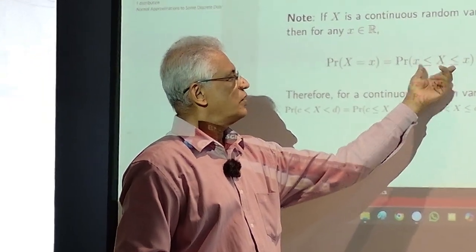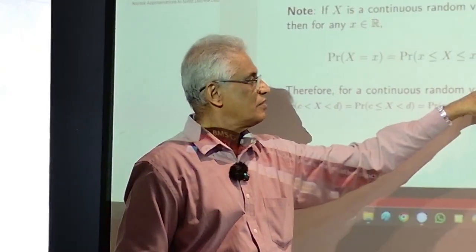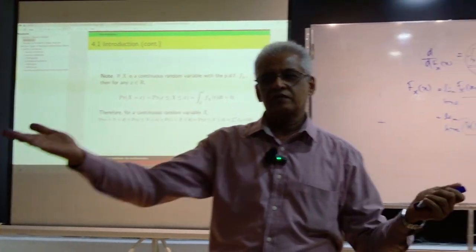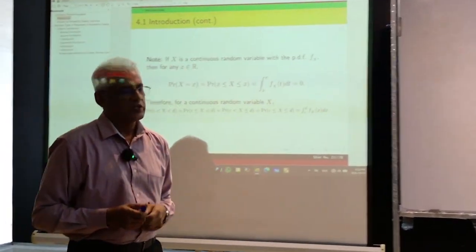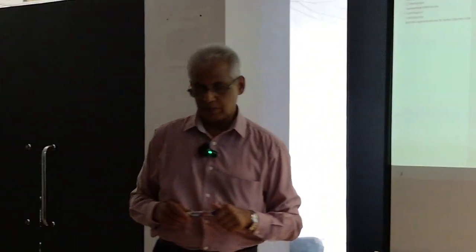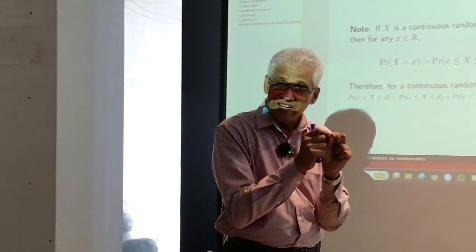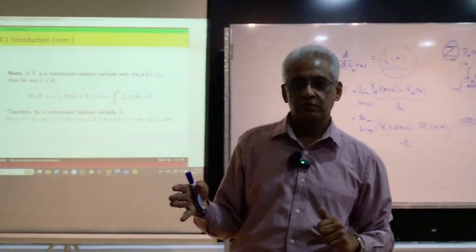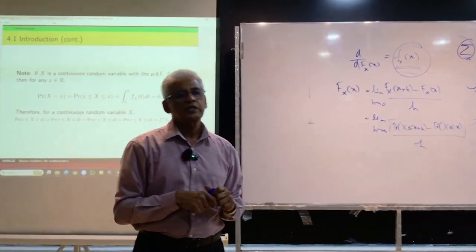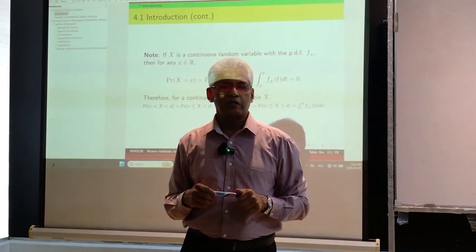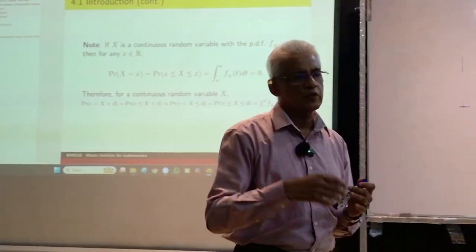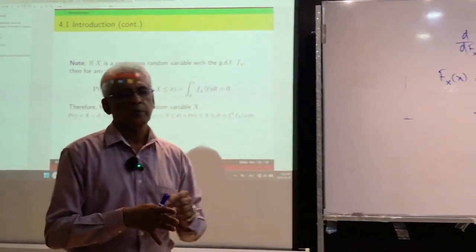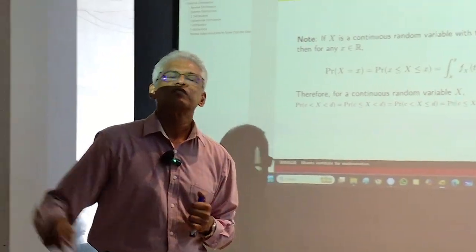You have to integrate the density function from x to x. If you integrate the density function from x to x, the answer is 0. So for a continuous random variable, the probability that X is equal to some value is always 0. That is not the case for a discrete random variable, where there can be a non-zero probability for X equal to some value. For a continuous random variable, the probability of X equal to something is always 0.